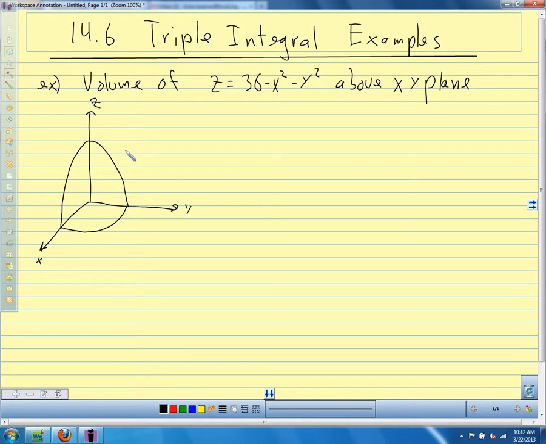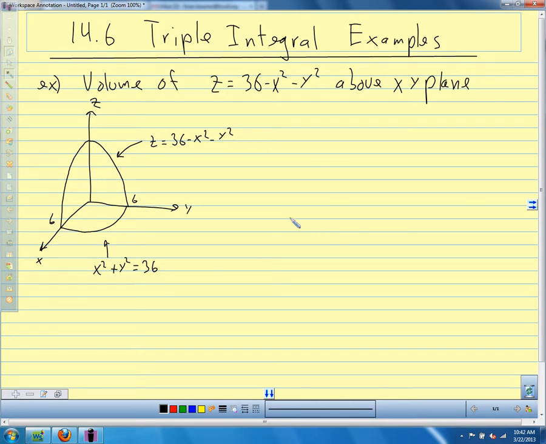So there's our surface. And our boundary in the xy plane when z equals 0 is just x squared plus y squared equals 36. So we have the circle with a radius of 6. So that's our boundary in the xy plane.